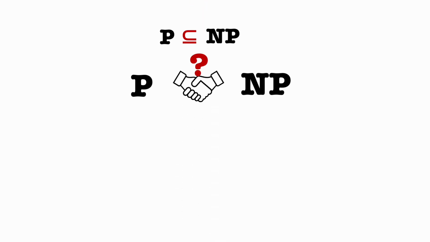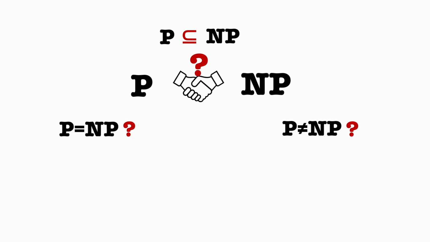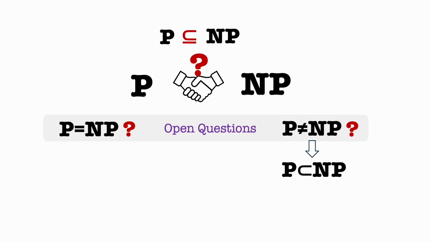So now we know that class P is a subset of class NP. But what are the other possible relationships between P and NP? One possibility is that P is equal to NP, and the other is that P is not equal to NP. If P is not equal to NP, then P is a proper subset of NP. However, these are still open questions in computer science.